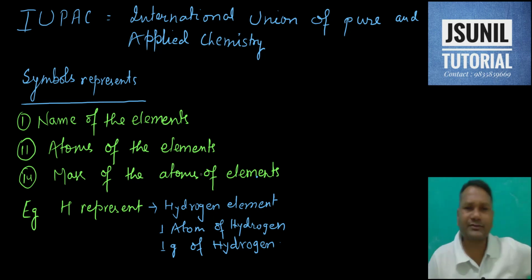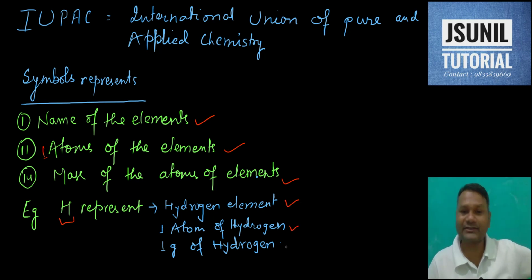The symbol of an element represents, at first, the name of the element, one atom of the element, and the mass of the element. For example, the symbol H represents the element hydrogen, one atom of hydrogen, and 1 gram mass of hydrogen.